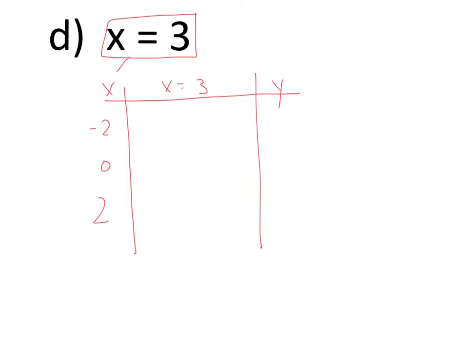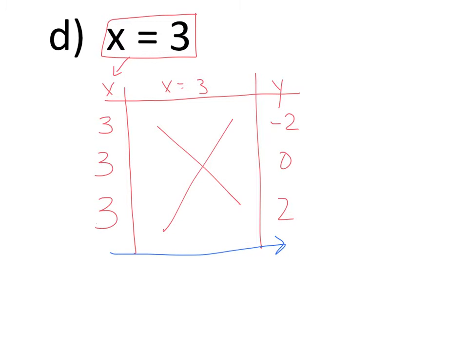He is saying that x has to be 3. So we don't get the option of putting in whatever we want here. We're going to have to plug in 3, 3, and 3. So now -2, 0, and 2, in this case, is just going to slide on over. There's going to be no work to be shown here. We're just going to fill in the y column with the -2, 0, and 2.